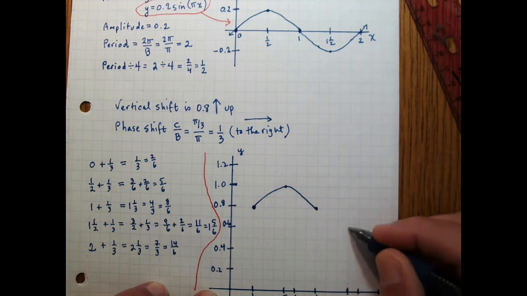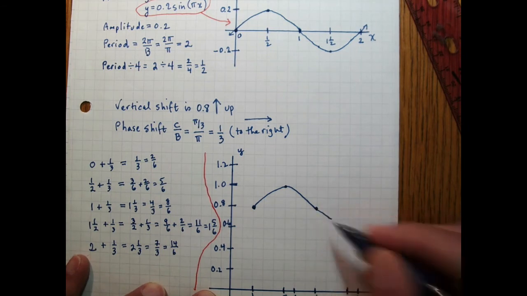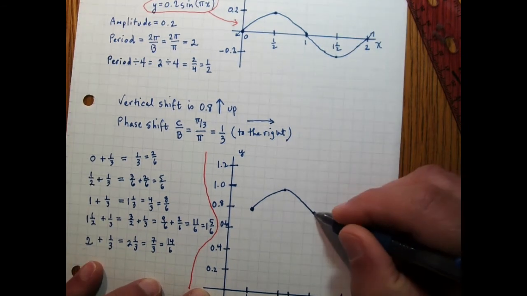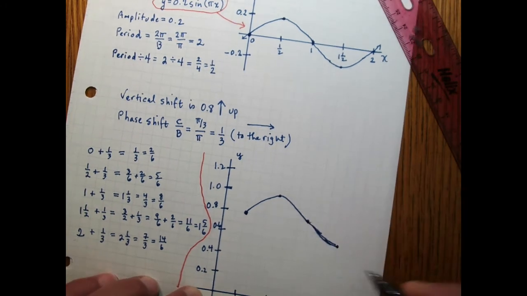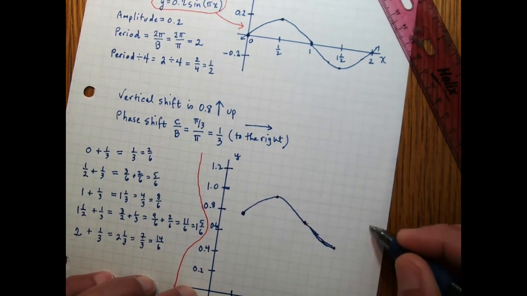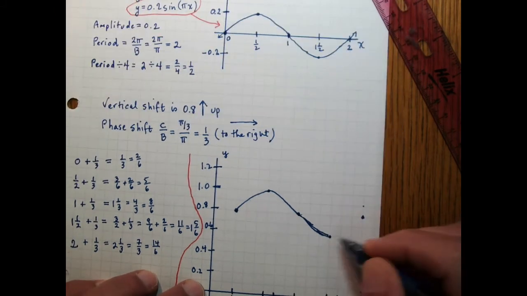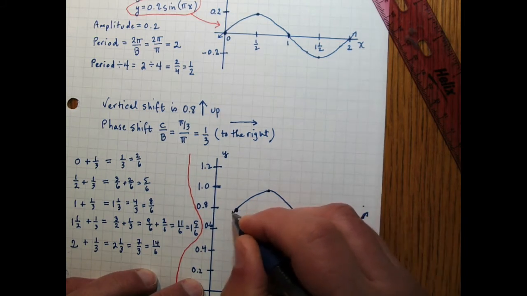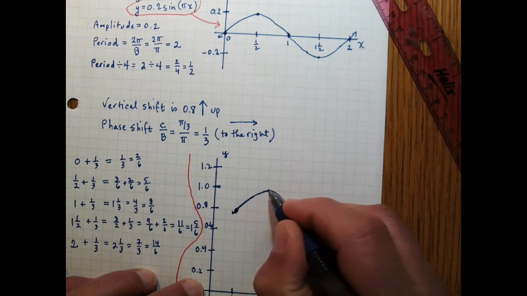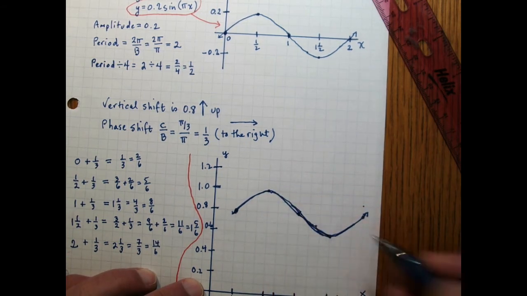At 1 5/6, the next important point, I dip down to 0.6, which is 0.2 below 0.8. And then at 2 1/3, I'm back to right here, 0.8. Okay, so there's my graph.